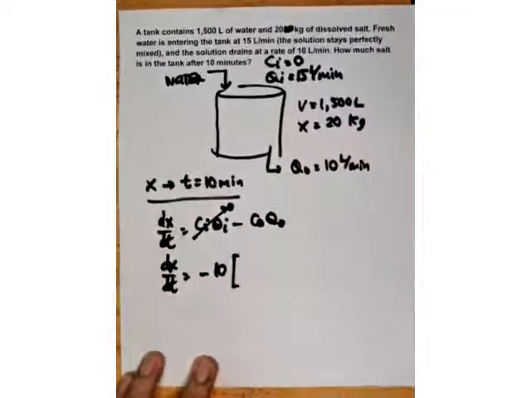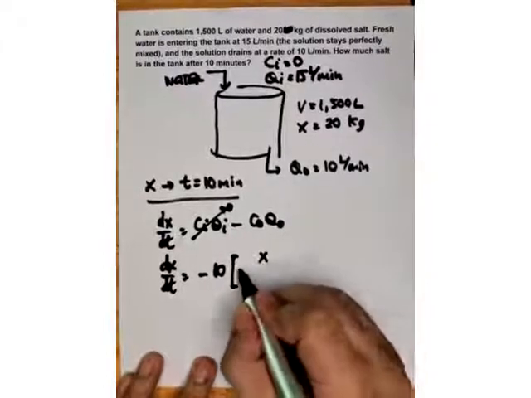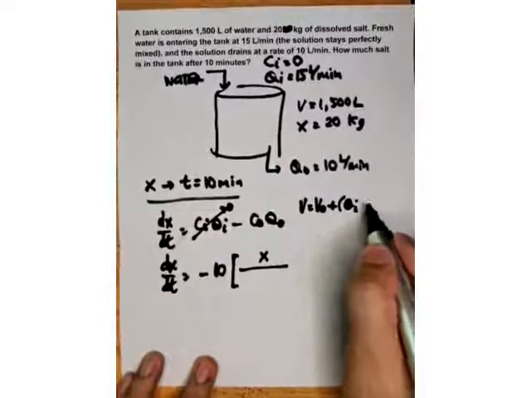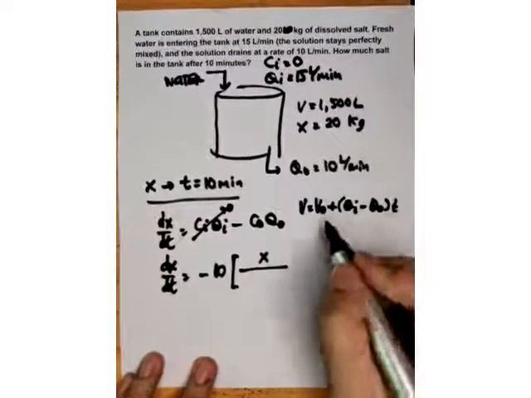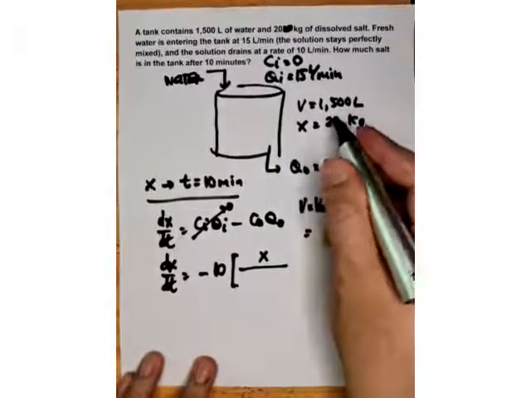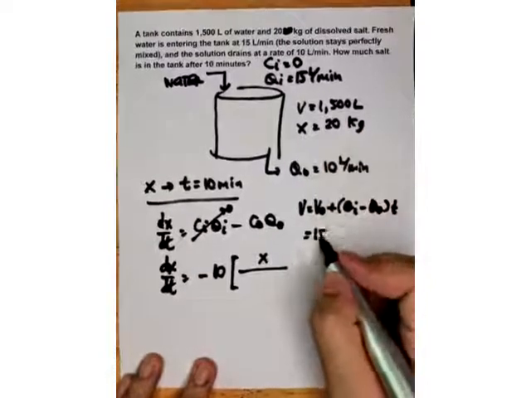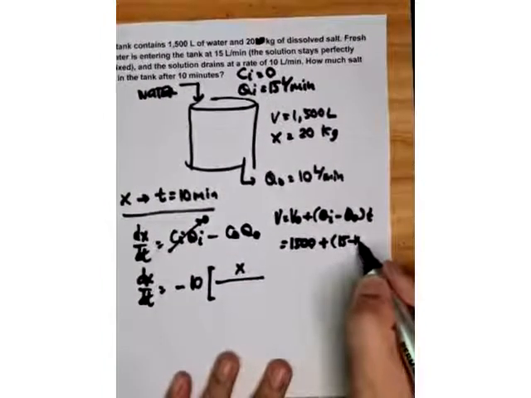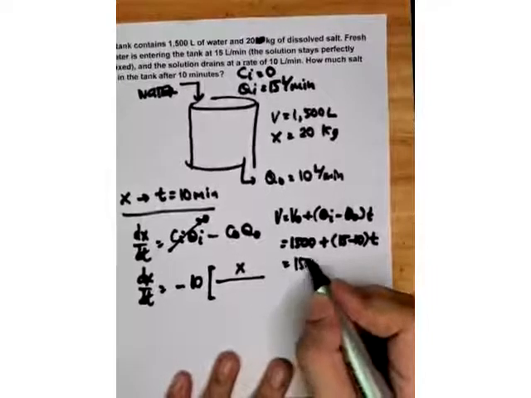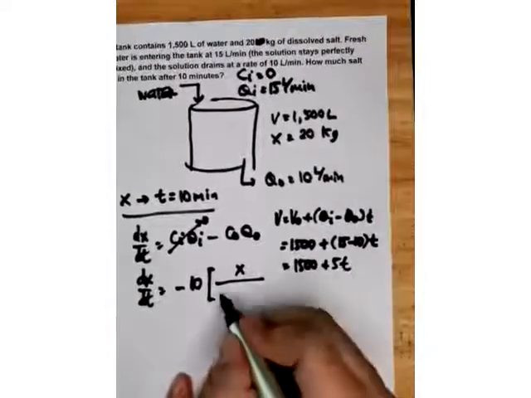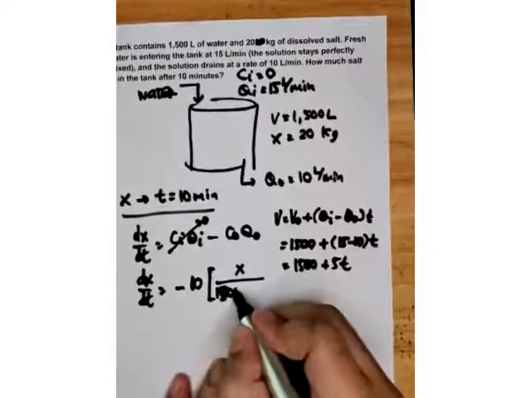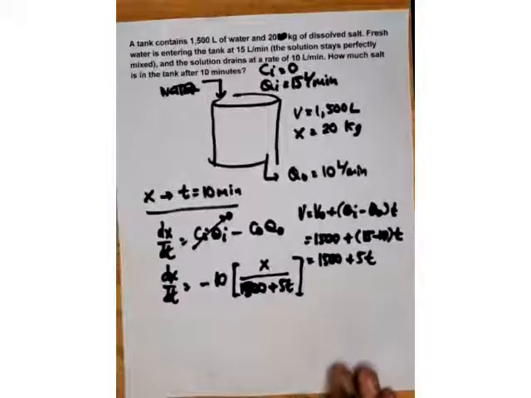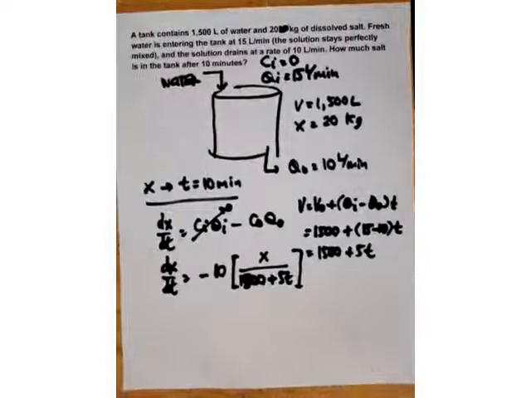And then, yung V natin is V0 plus Q in minus Q out times t. So yung V0 natin, yung initial volume is 1,500, plus 15 minus 10t. So that's equal to 1,500 plus 5t. Ayan. Tama ba?